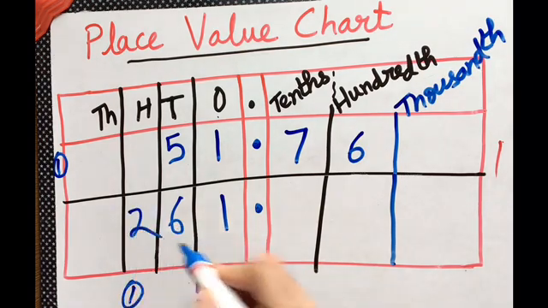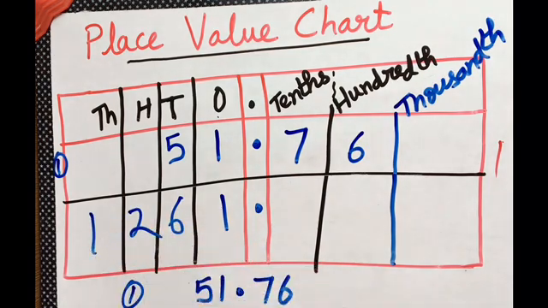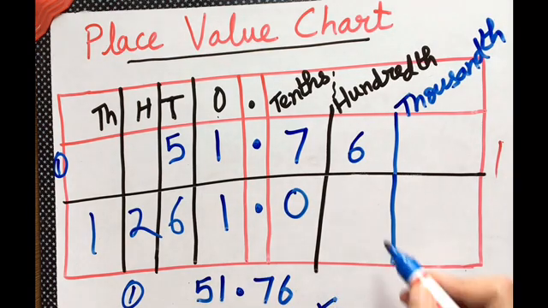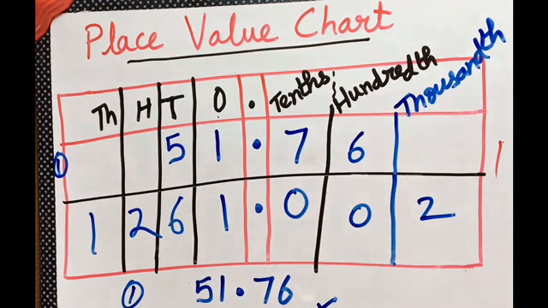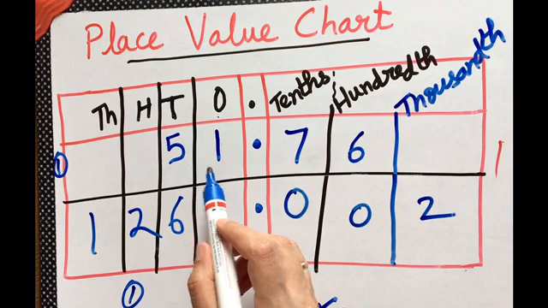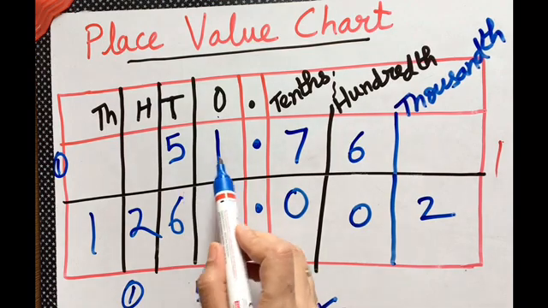Let's take another number, 1261.002. Fine. Similarly we write it, starting from the decimal point.